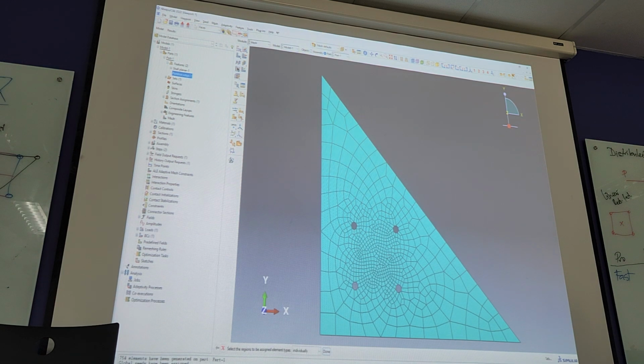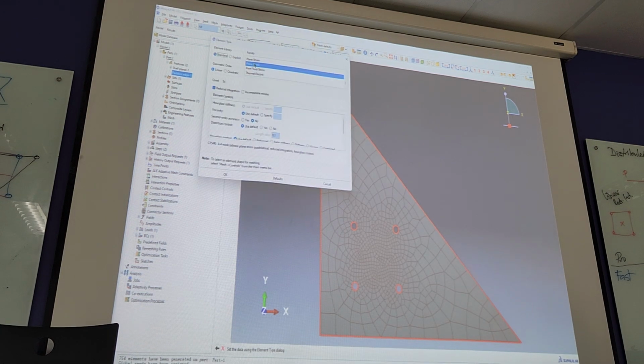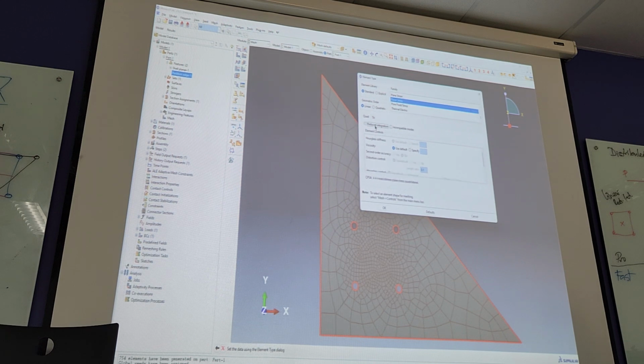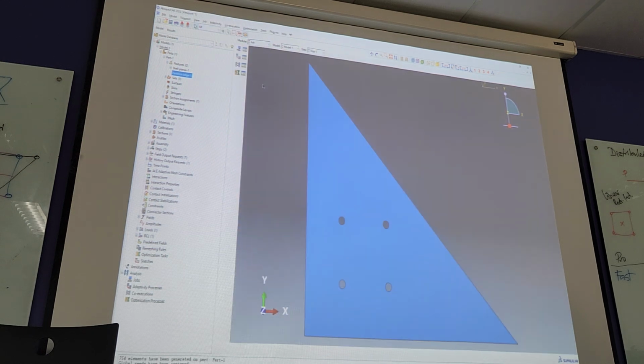So what element types cause hourglassing? Linear reduced integration. Yeah. I'll bring you one.